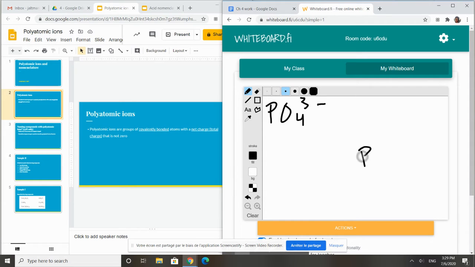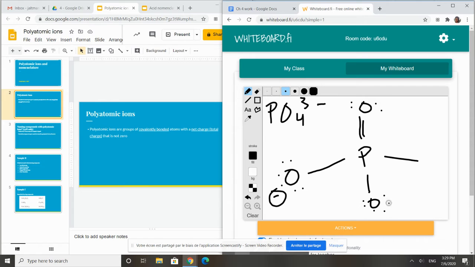What this actually looks like: these single lines represent covalent bonds, the dots represent non-bonding electrons, and the circles with the minuses in them represent negative charges.